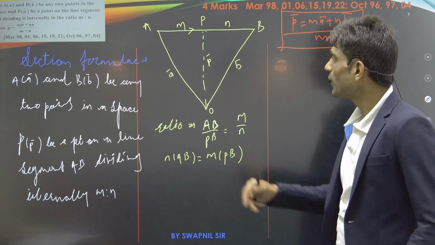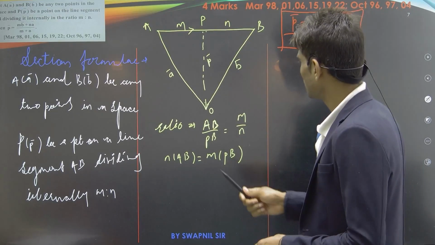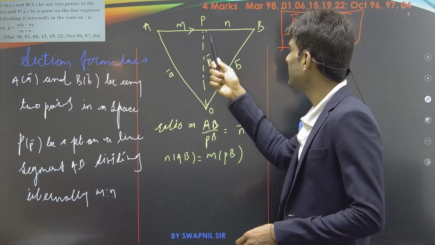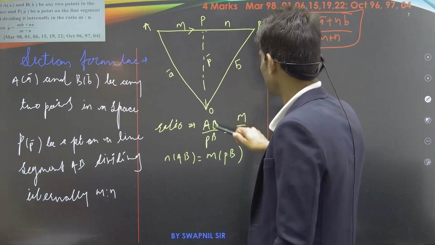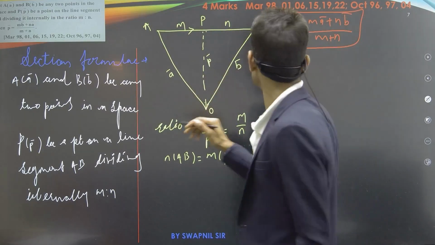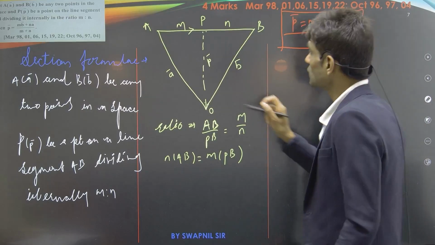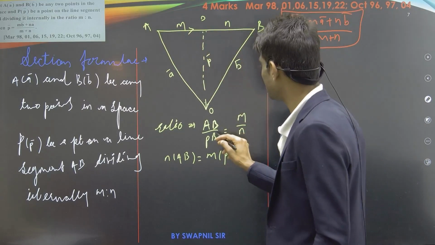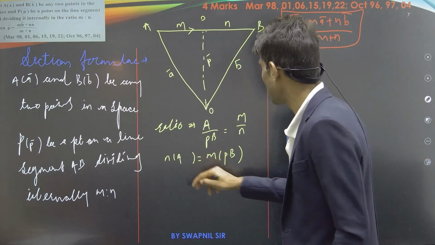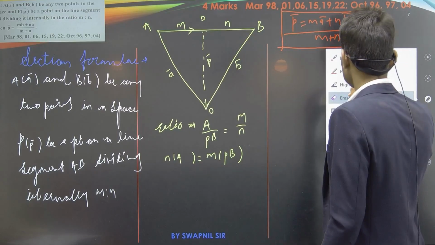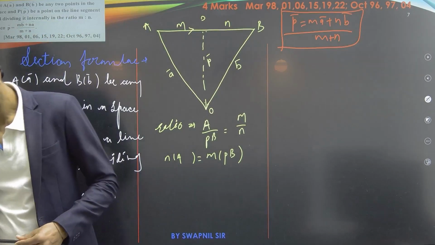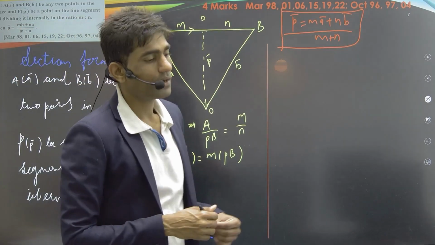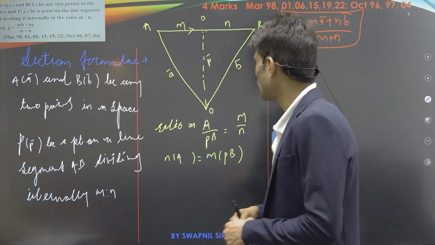Now see that, it is AP, not AB. AP and PB are in the ratio of m as to n.